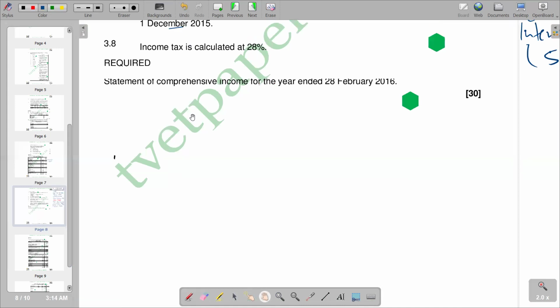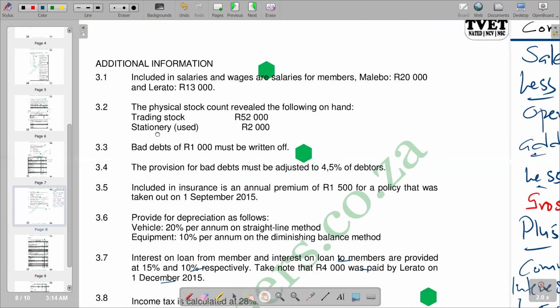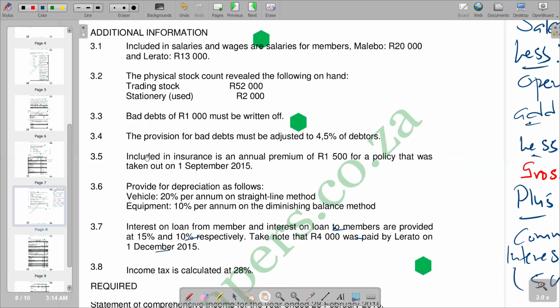So if you go there and try to go item by item, try to check for other incomes that might be there, you'll see that on 3.4, there is an issue of provision for bad debts. It must be adjusted 4.5% of debts. But before that, we are told that there are bad debts of 1,000 which must be written off. So it means we are going to subtract this 1,000 from the debtors control balance in the trial balance, then the net figure calculated by 4.5%.